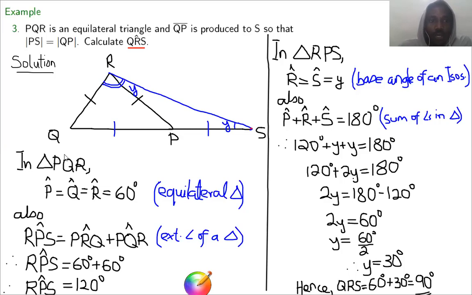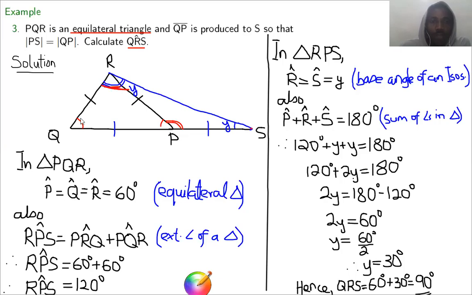So in triangle PQR, angle P is equal to angle Q is equal to angle R, which is equal to 60 degrees. Why? Because that triangle is said to be an equilateral triangle. So each angle in an equilateral triangle is 60 degrees. We just saw that a moment ago. Also, angle RPS is equal to angle PRQ plus angle PQR.